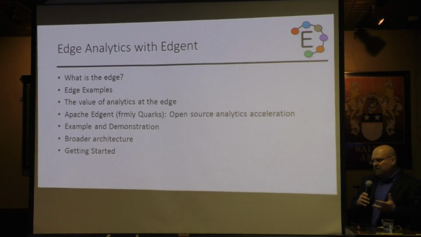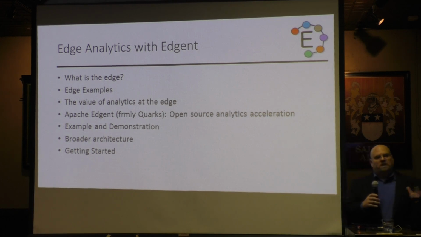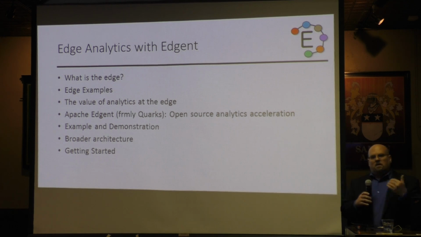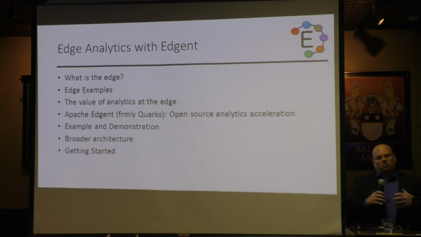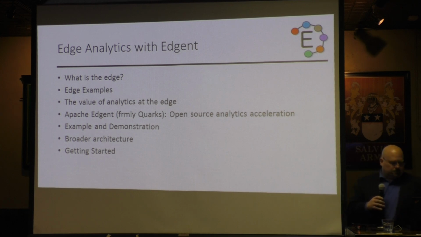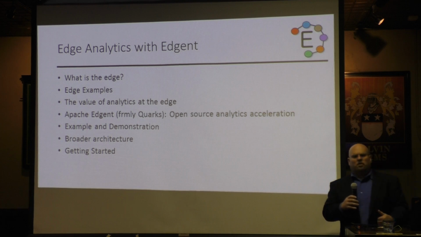Analytics at the edge gives you the ability to push out some intelligence and smarts to not only capture this information and do something with it, but also give you more flexibility to scale, grow, and get a quicker time to market.